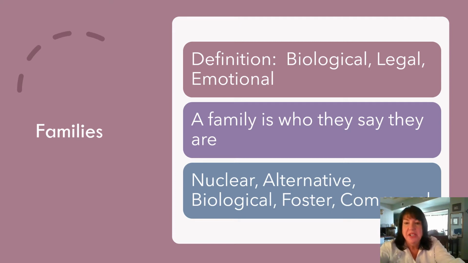So we understand that a family might be a nuclear family with two biological parents, brothers and sisters, siblings, but there are also some alternative types of families, and some families are, let's say, foster care families, all right, or they are a grandmother caring for a child that is the primary caregiver, and we have many families where grandparents actually are the primary caregiver for one reason or another to their grandchildren.